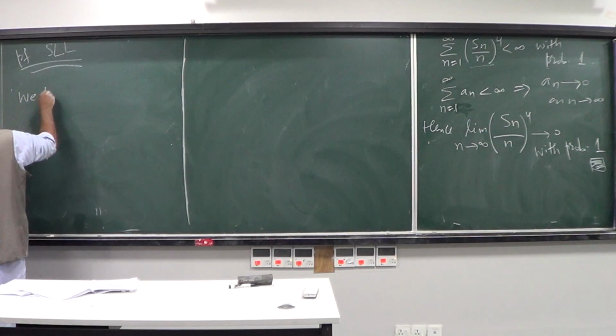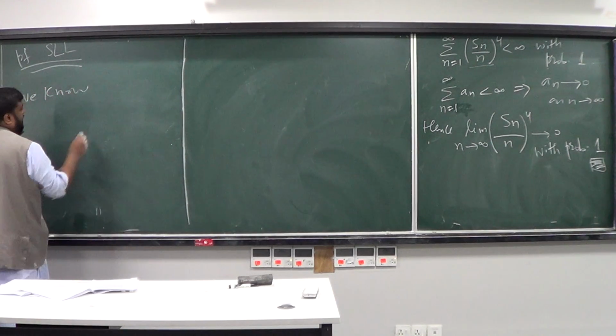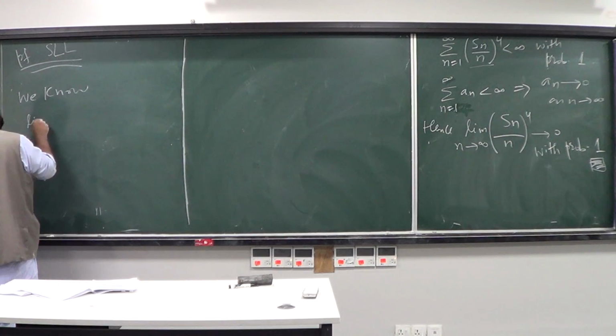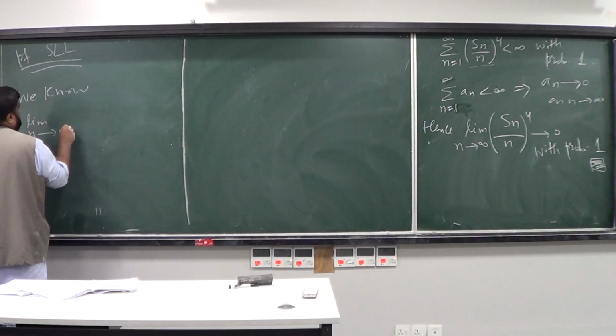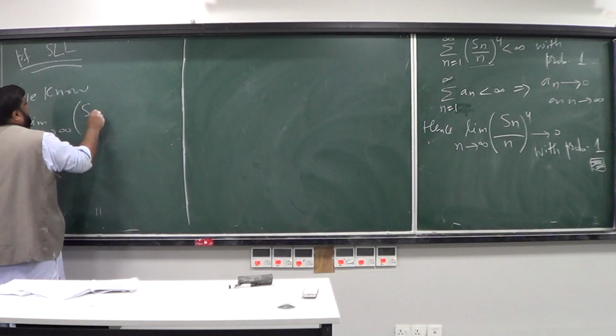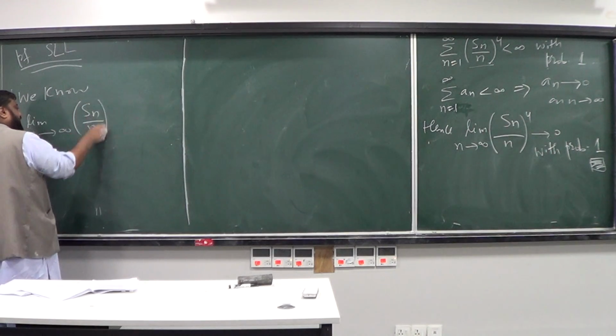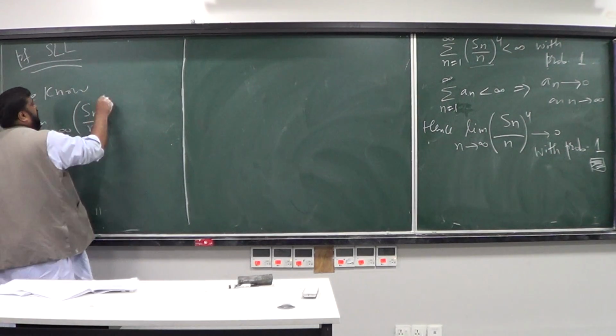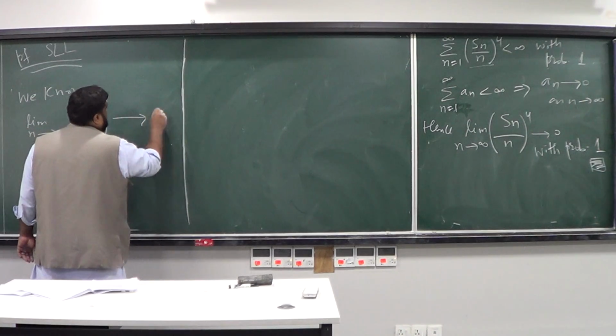We know that the limit as n goes to infinity of the sample average power 4 goes to 0.